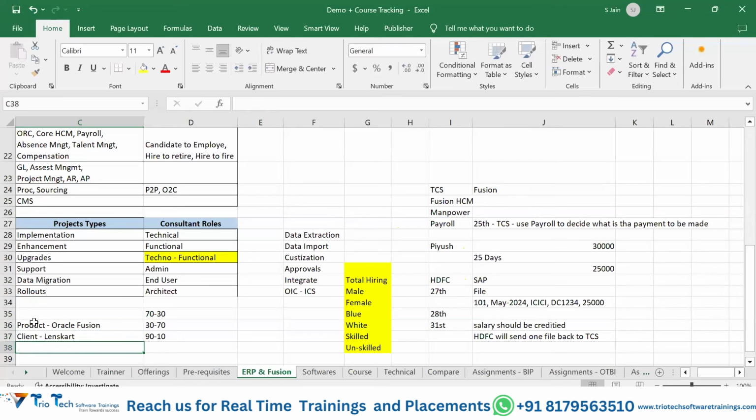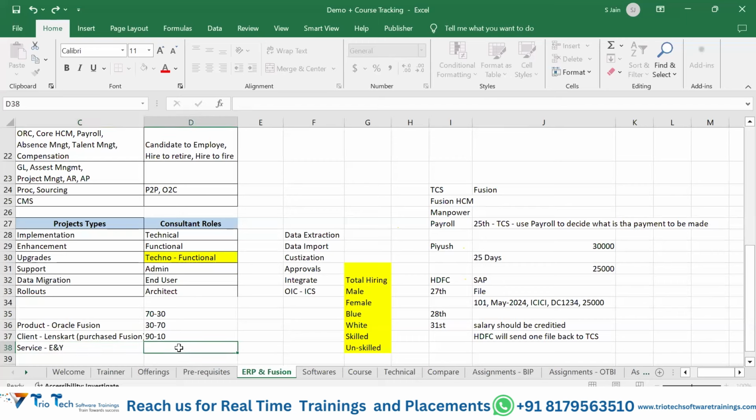They have purchased Oracle, and they have a service provider. Suppose EY is the service provider. Okay. So guys, what has happened?